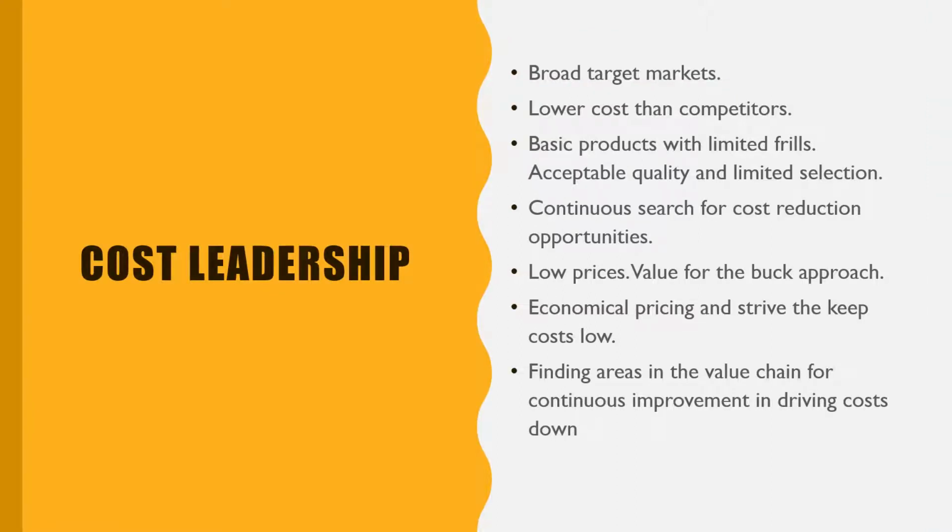The first strategy we will be looking at is cost leadership. The characteristics of cost leadership are broad target market, lower cost than rival competitors. The product line is limited to basic products with minimum frills, acceptable quality, and limited selection opportunities.